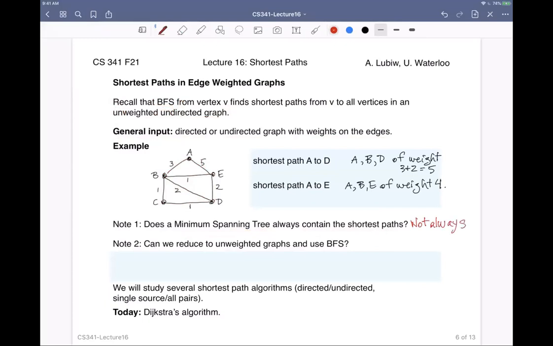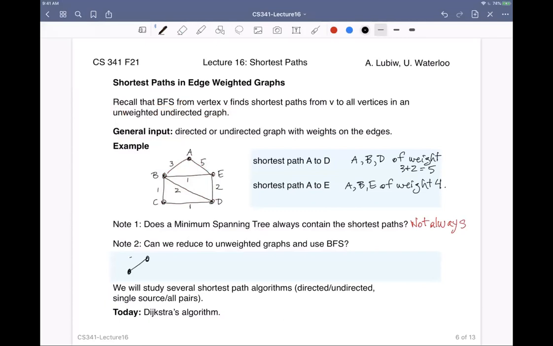And another thing we might consider is, since we know how to find shortest paths if all the edge weights are 1, could I reduce the current problem when there are edge weights to that unweighted case? And you might think when the edge weights are integers, like they are here, that we could do that, right?